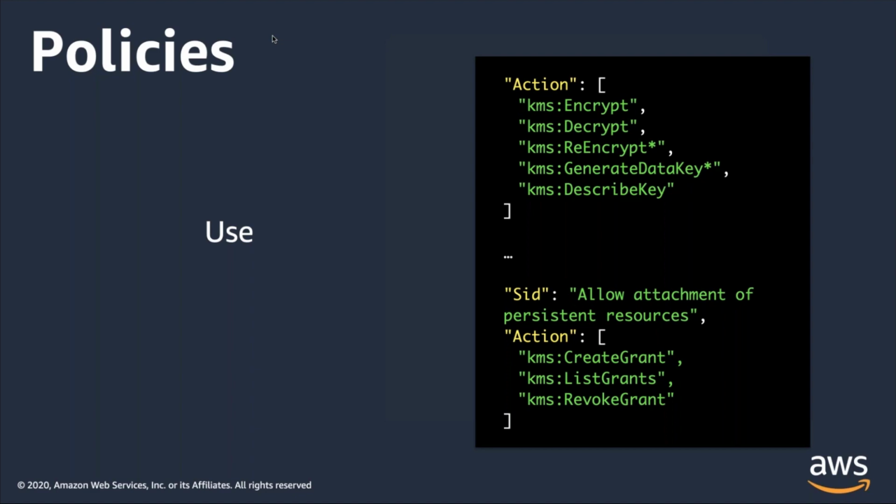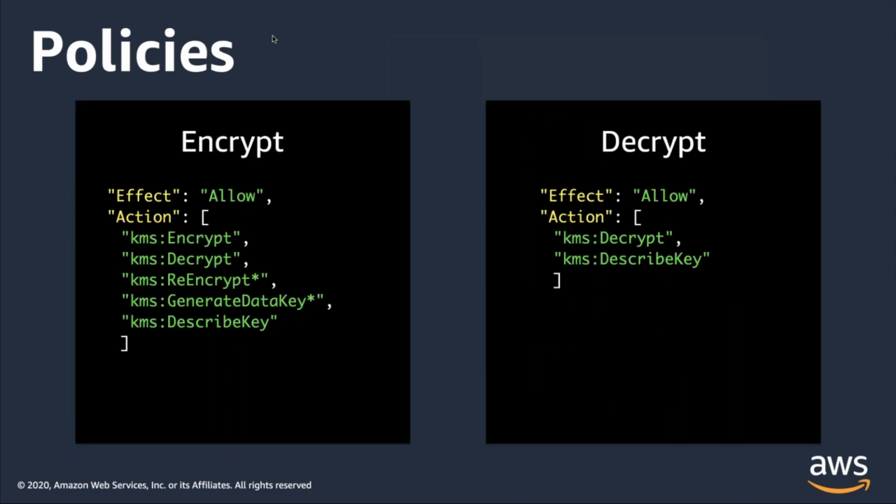Another interesting way that you can use key policies to divide permissions or separate duties is separating encryption and decryption. So on the left side is a brief statement that would allow the use of encryption or decryption for using a key. And on the right side, you can see that there's the ability to decrypt.